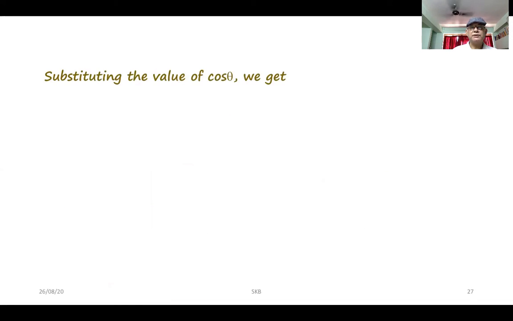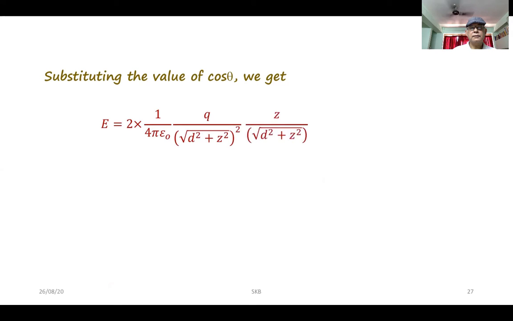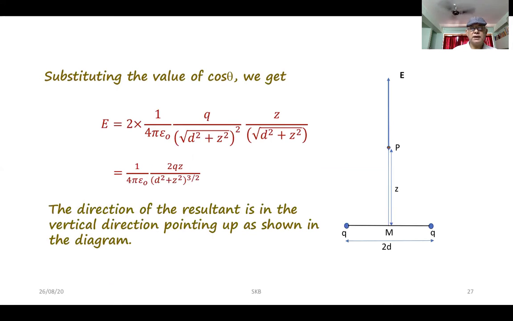Substituting the value of cos theta, we get this, which simplifies to the following. The direction of the resultant is in the vertical direction, pointing up as shown in the diagram.